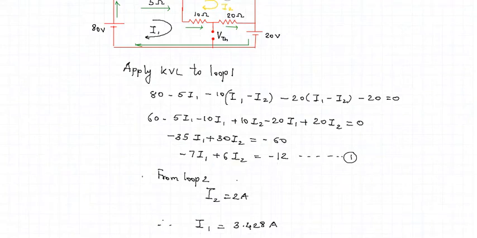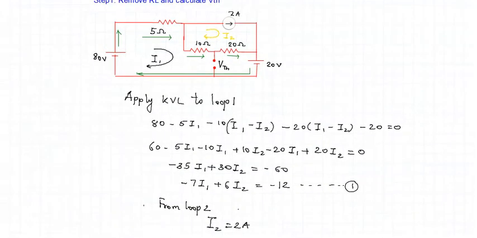Now we move to loop 2. In loop 2 there is a current source, and looking at the direction of the assumed current I2, it is in the direction of the current source. The only current which flows through the current source is the loop current I2, and therefore I2 is directly equated to the current source, which is 2 amperes.